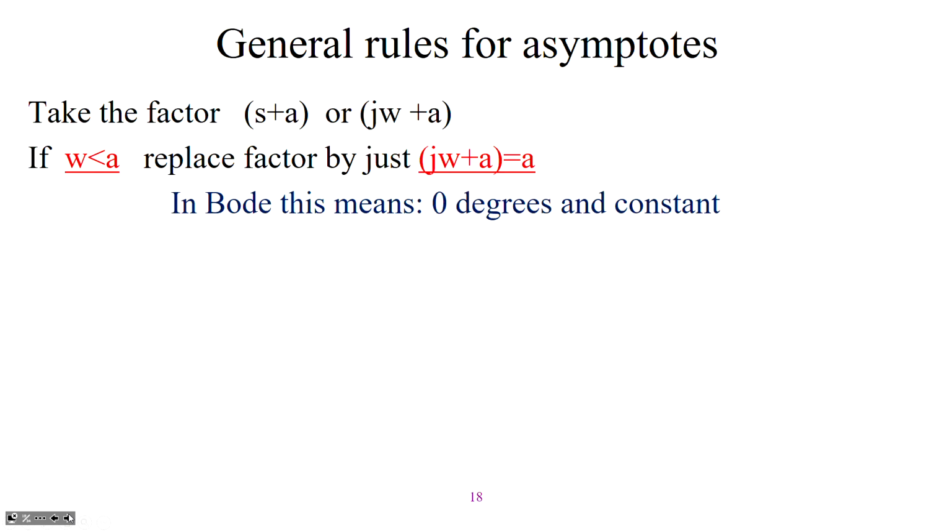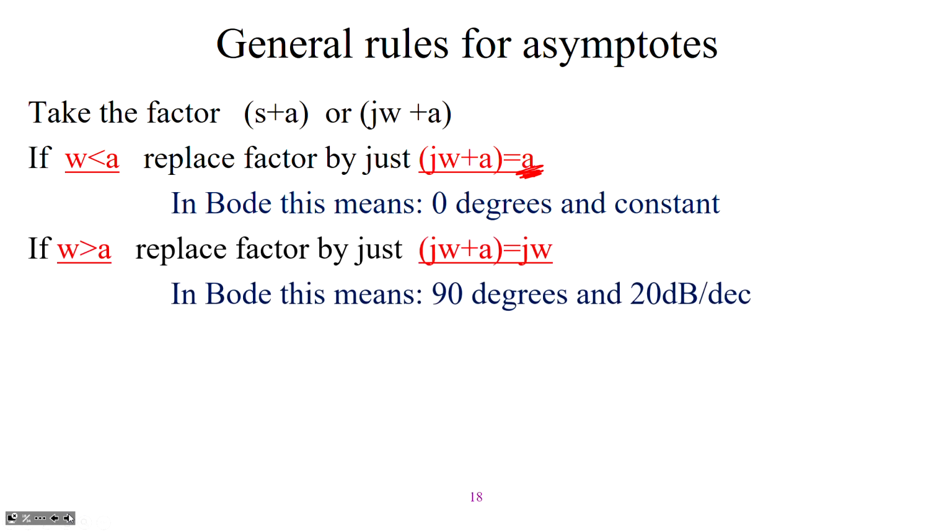So general rules for asymptotes then. If we take the factor s plus a, or j omega plus a, if omega is less than a, so for small frequencies, we assume that j omega plus a is just a, and therefore we get 0 degrees for the phase and a constant for the gain.